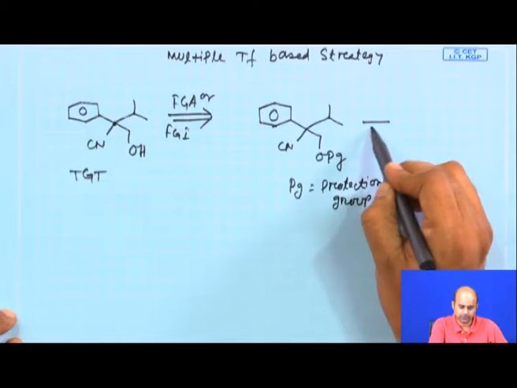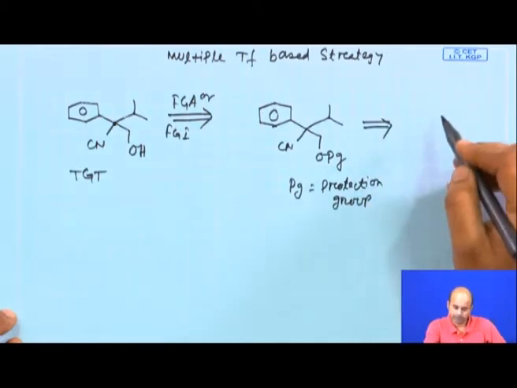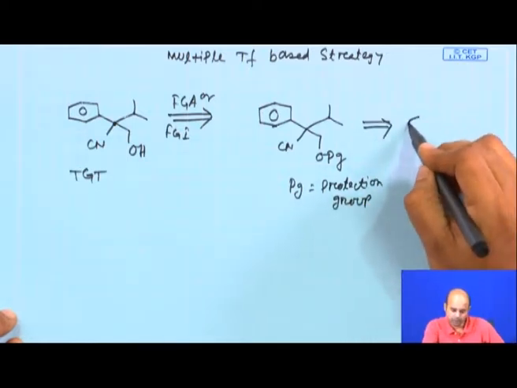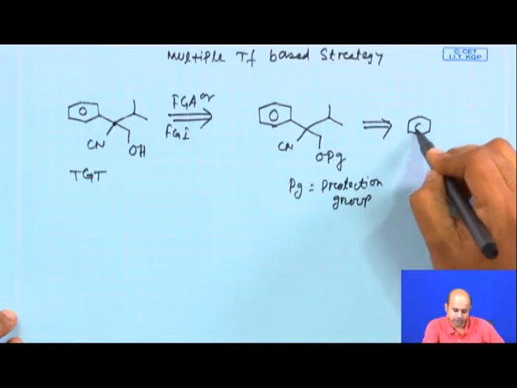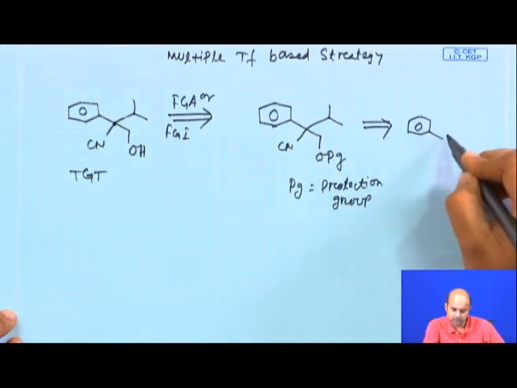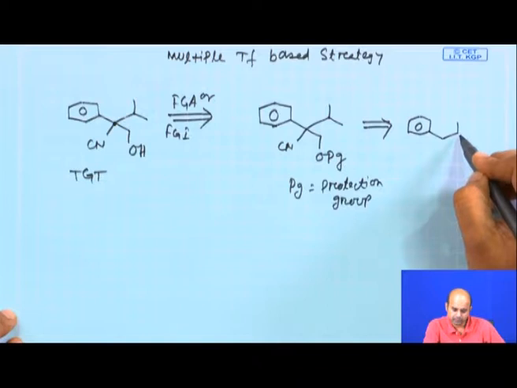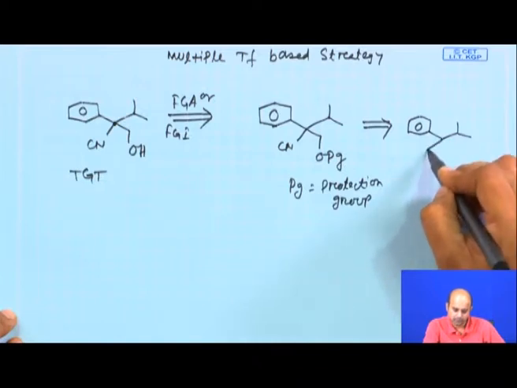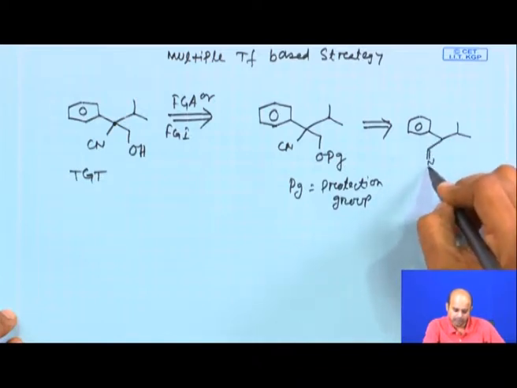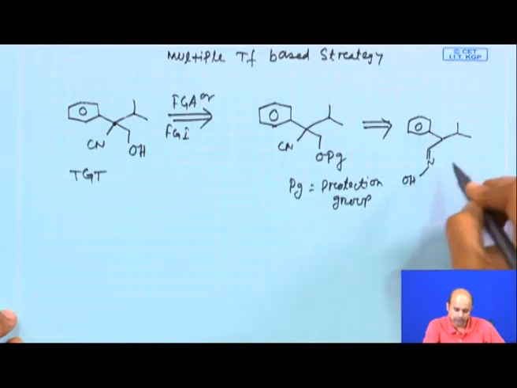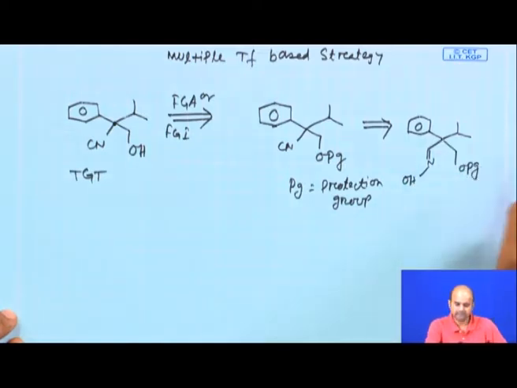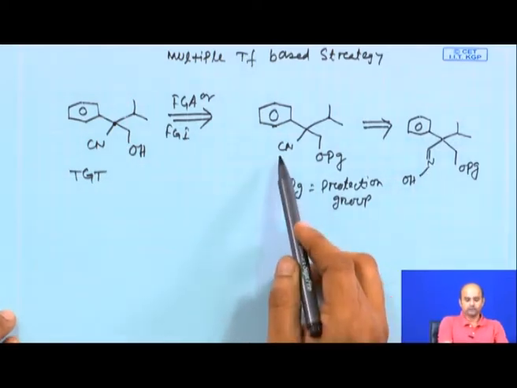The next step is to figure out another FGI based approach, and then we said that this compound can potentially be created from an oxime, which can give you a cyanide.